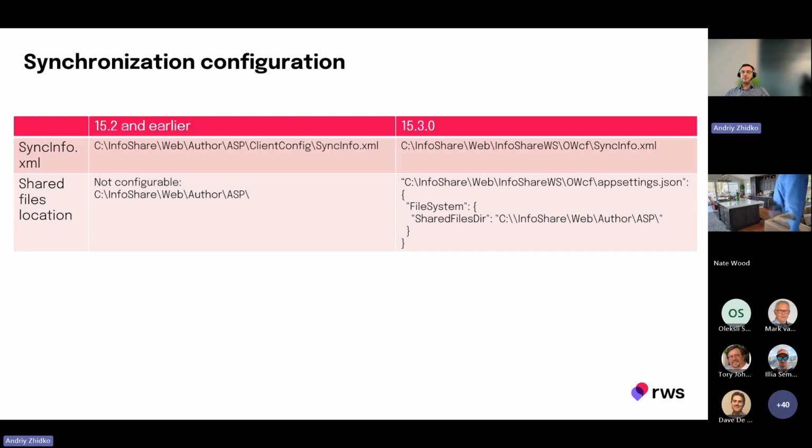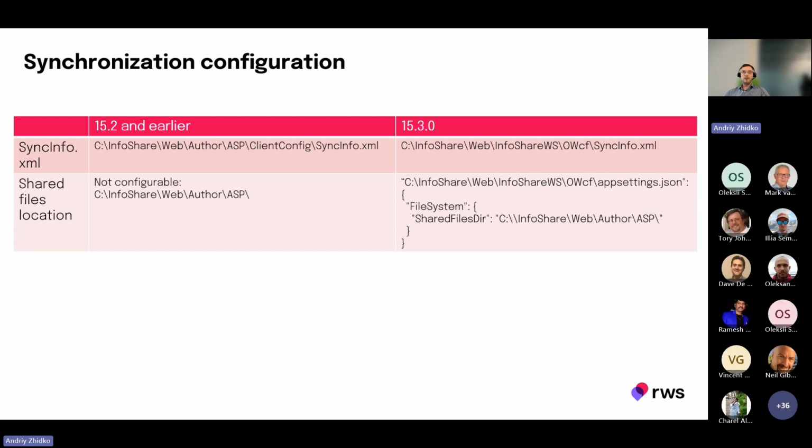Now it has been moved to the OWCF application. And also the shared files location. Previously, the shared files location was a hard-coded value in InfoShare Web Author ASP, and now this is a configurable entry in the appsettings.json file of the OWCF application. So the location is the same, but now it is a configurable entry.